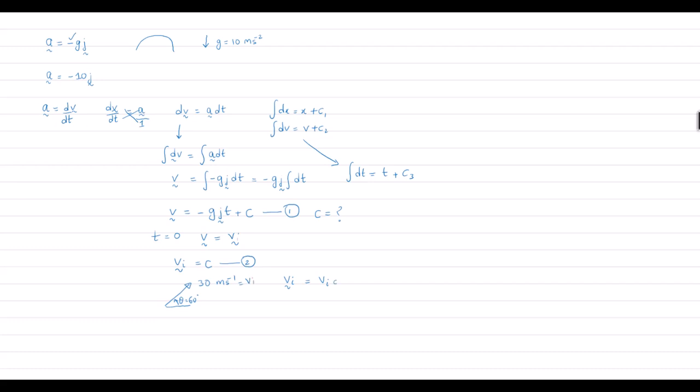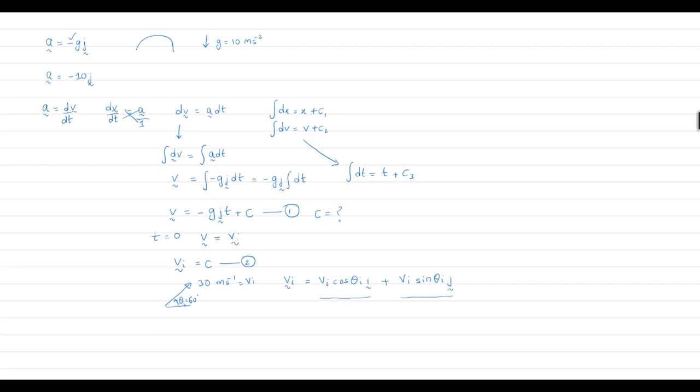So this will be vi cos theta i times I plus vi sine theta i times j. So how we read this: the initial velocity will be given as the horizontal component of the velocity plus the vertical component of the velocity.